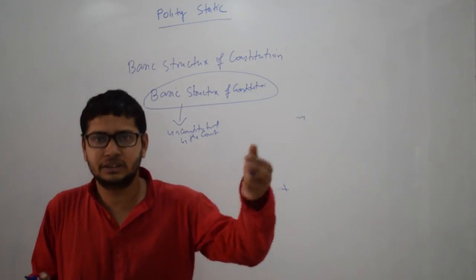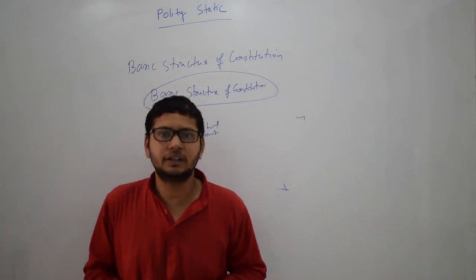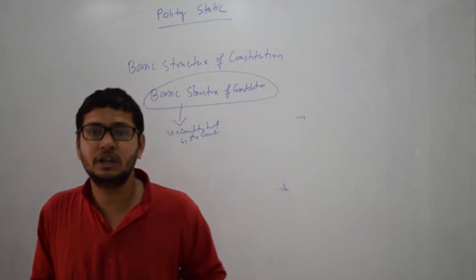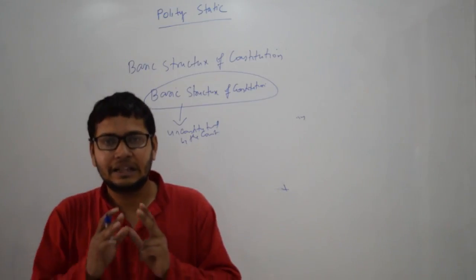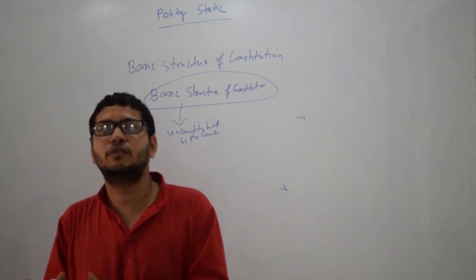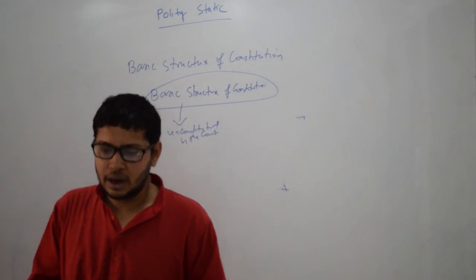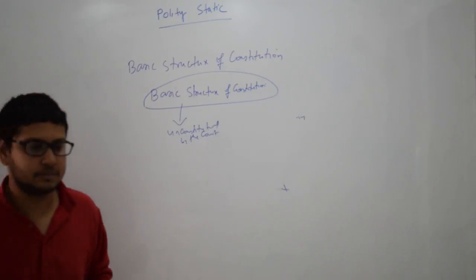That is what we have discussed in the earlier chapter also. Later on, Minerva Mills said that judicial review is part of the basic structure of the Constitution, and therefore no law in this country can take away the power of judicial review. So this ends this chapter. We'll be discussing the next chapter, which is the parliamentary system.